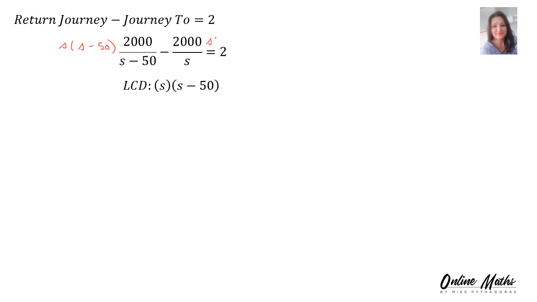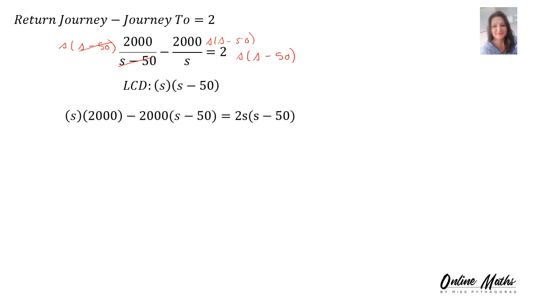Then s minus 50 and s minus 50 can cancel, and I'm left with s bracket 2000. And on the second term, the s and the s will cancel, and I'm left with minus 2000 bracket s minus 50. And on the right hand side, it's 2s bracket s minus 50.